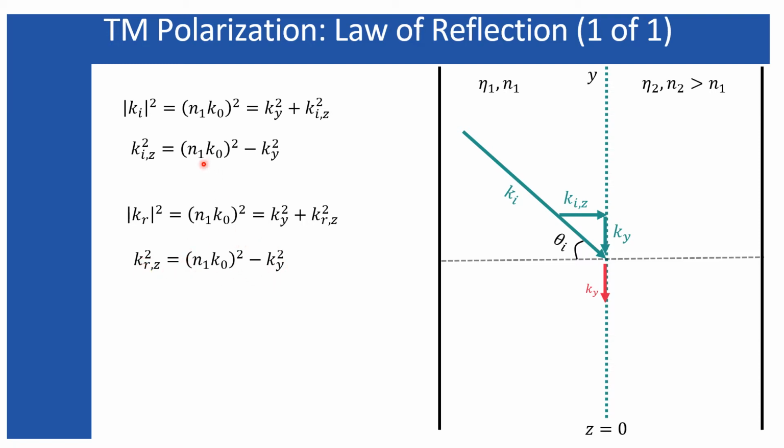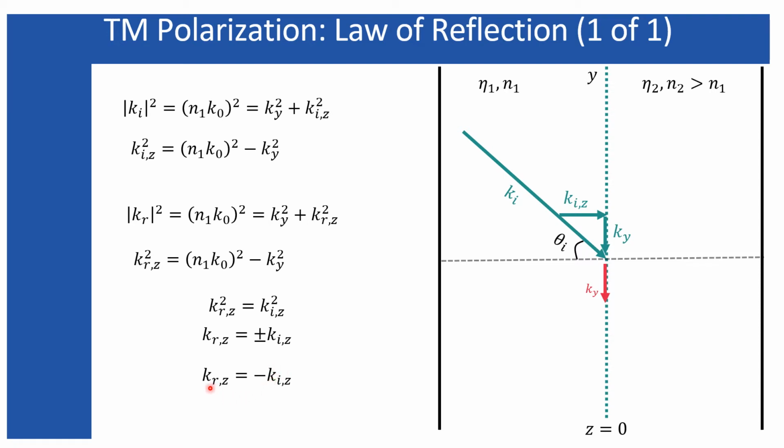Now you can see that the right hand side of this equation for the incident wave and the transmitted wave are the same, so we can equate both of these on the left hand side. Equating these two, a square root results in plus or minus. Now resolving this sign, we have to consider the minus of this kiz, because the plus kiz represents the forward propagation, or the incident wave. So obviously the minus sign we have to consider for the reflected wave.